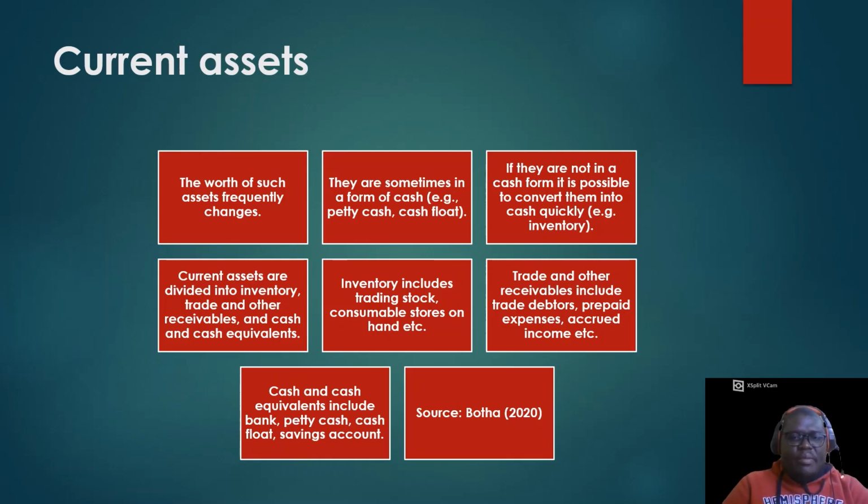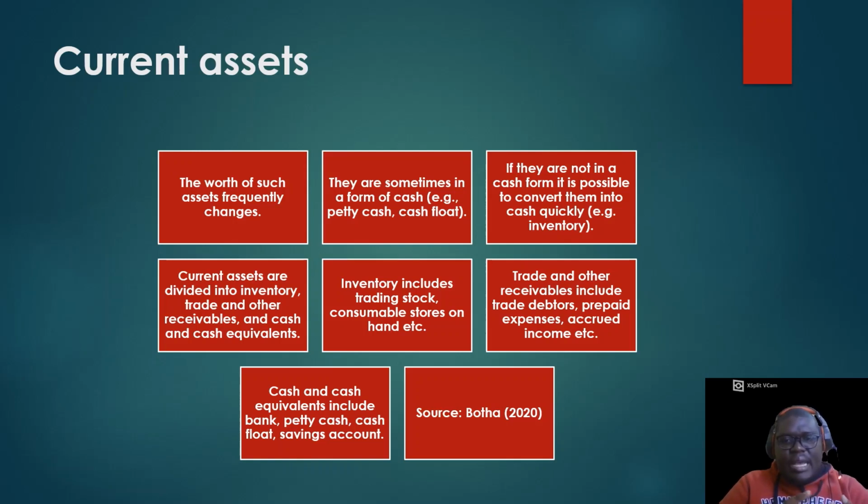Sometimes if you have the money in the bank, fine, you have a card, but you don't have that hard cash right at that moment. But then you can decide to say, okay, let me go and withdraw this money and have it in hard cash. Your petty cash is already in cash, so there won't be a need for you to convert it into cash.